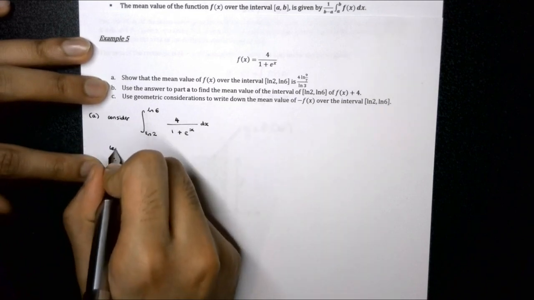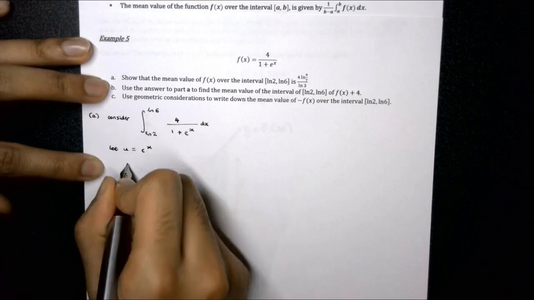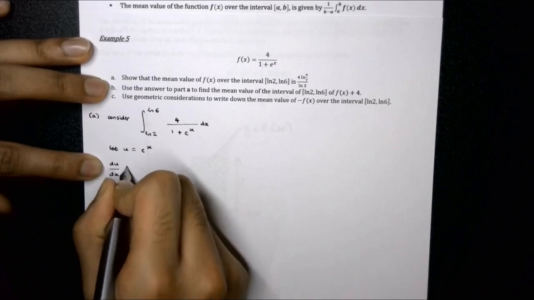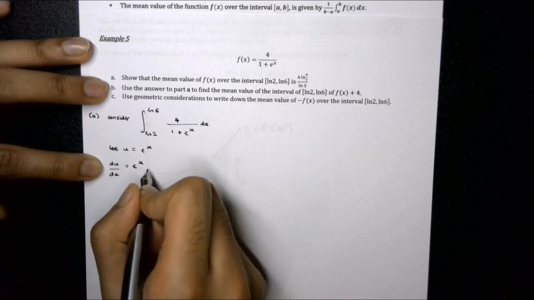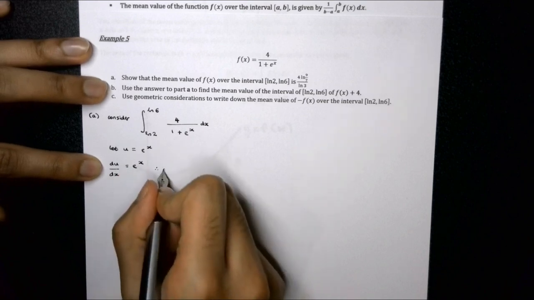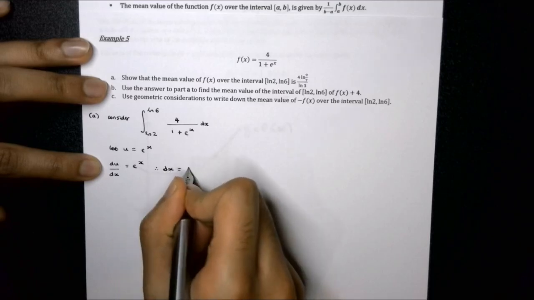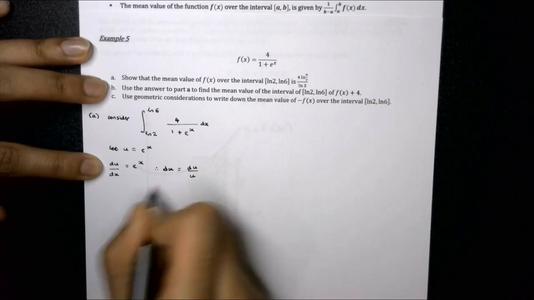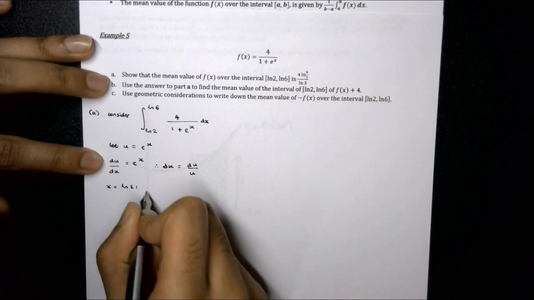So to do this, we will let u equal e to the power of x, and therefore du over dx is equal to e to the power of x. And therefore dx is equal to du over u.